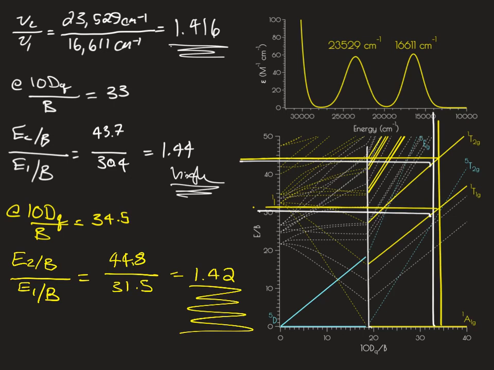It matches the value that we calculated for the ratio of the energy of the transitions fairly well. So we're going to go with a 10Dq over B value of 34.5.